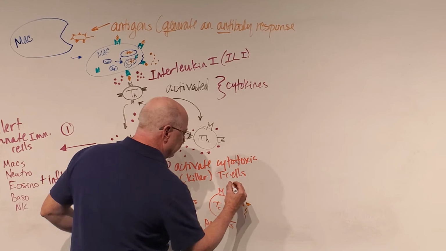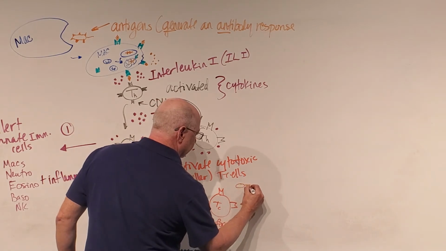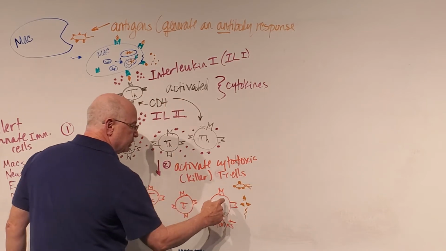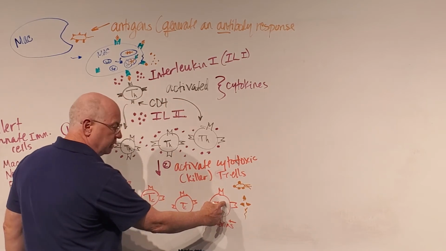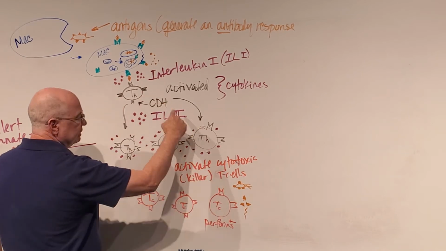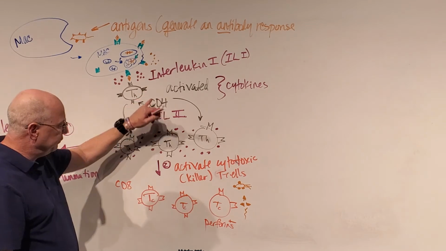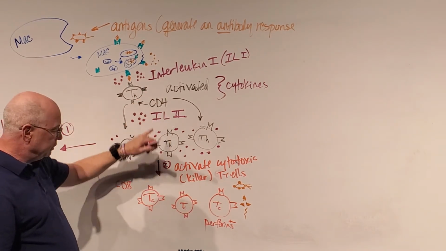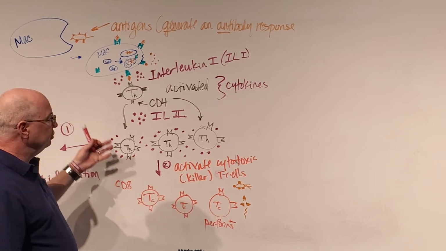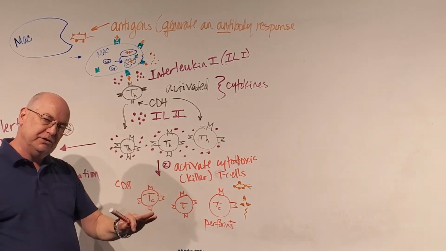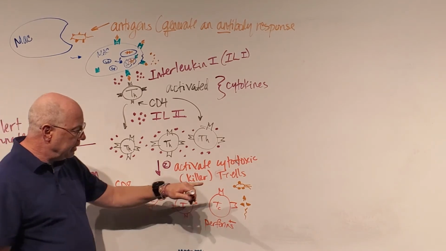If I had a different bacterium nearby, and let's say it has differently shaped antigens on its surface, then this CD8 cell or cytotoxic T cell will not recognize it, nor would this T helper cell, because these surface molecules, this CD4 molecule and this CD8 molecule, will be specific for the surface antigens of a specific invader and not others.